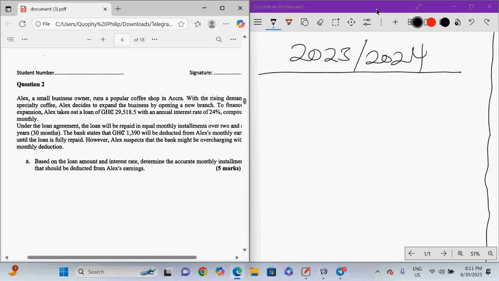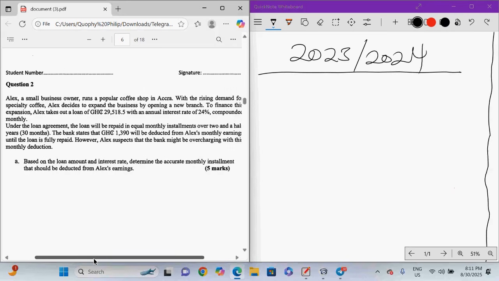To finance this expansion, Alex takes a loan of 29,518.5 Ghana cedis with an annual interest rate of 24% compounded monthly. Under the loan agreement, the loan will be repaid in equal monthly installments over 2.5 years, which is 30 months.